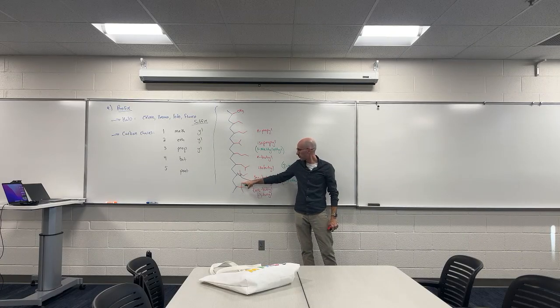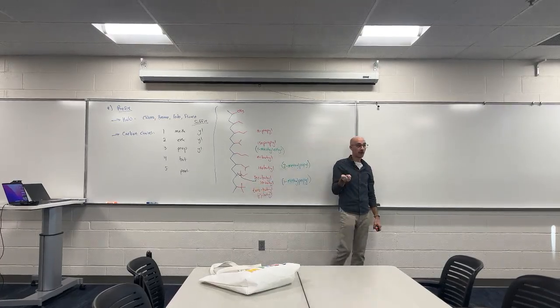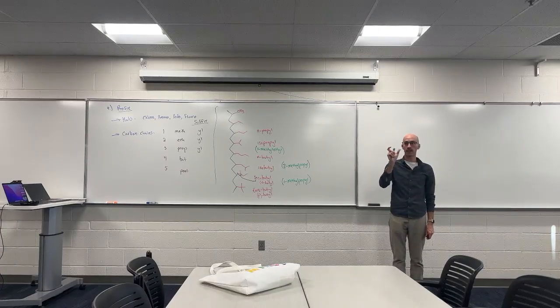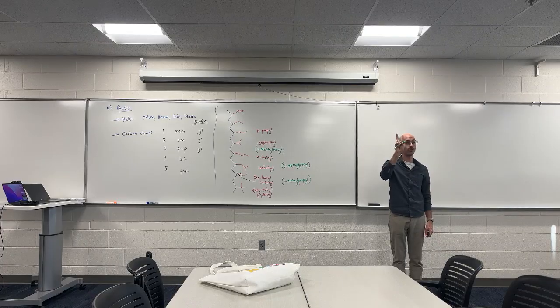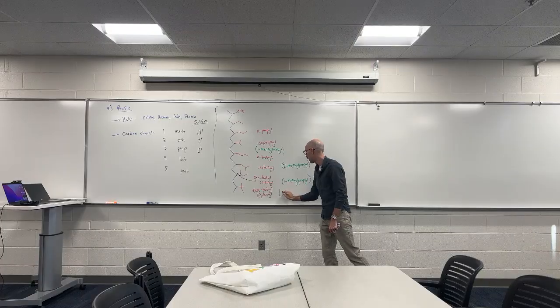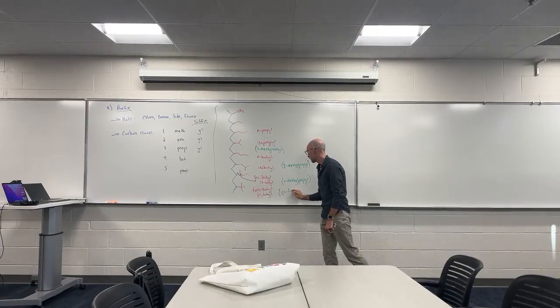And here are 2 other carbon groups coming off. Both of them are methyl. So I need a multiplier. That multiplier is di. This is a dimethyl. And because I have 2 substituents, I need 2 locants. So the systematic name here is 1,1-dimethyl ethyl.